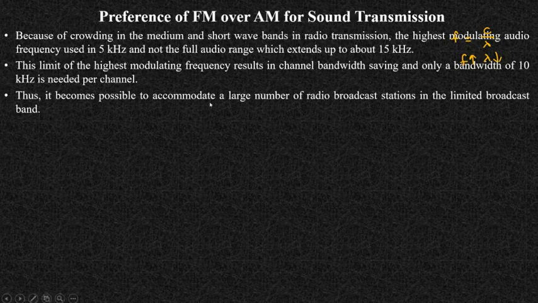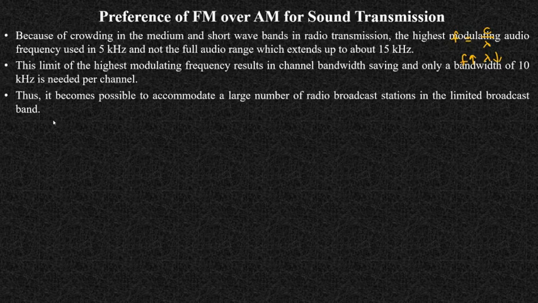It becomes possible to accommodate a large number of radio broadcast stations in the limited broadcast band. अगर मेरा ऑडियो है जिसका मॉड्यूलेटिंग फ्रीक्वेंसी कम है, और नॉर्मली उसके बैंड्स कैसे होते हैं, FC plus FM, FC minus FM, carrier frequency plus FM, carrier frequency minus FM, और मैंने 5 kilohertz यूज किया है, what will be my bandwidth?